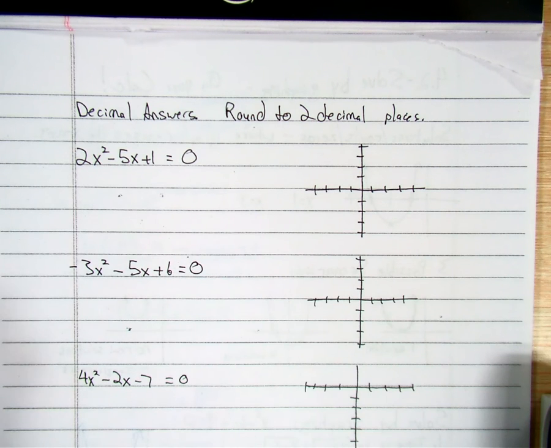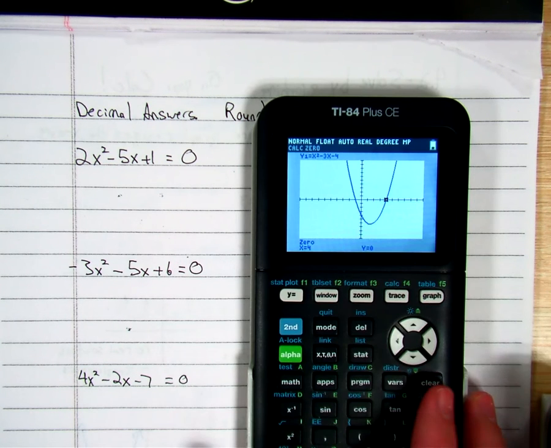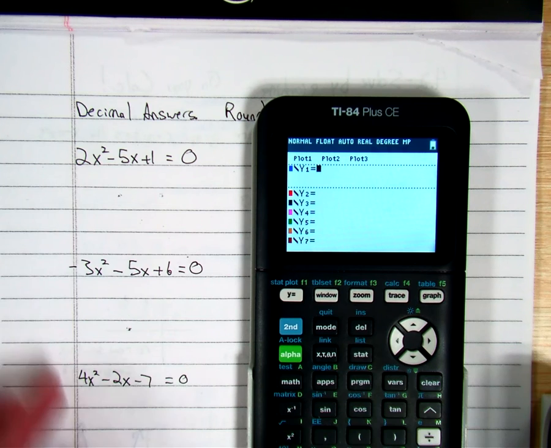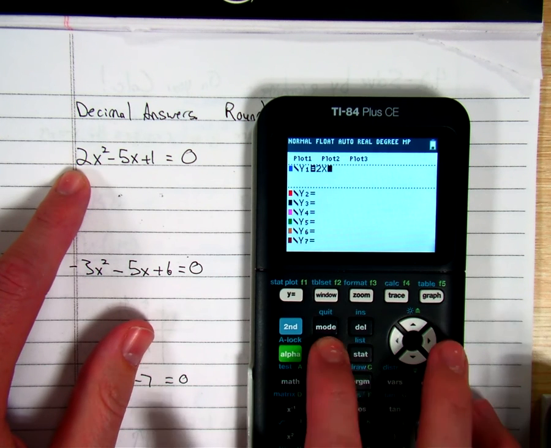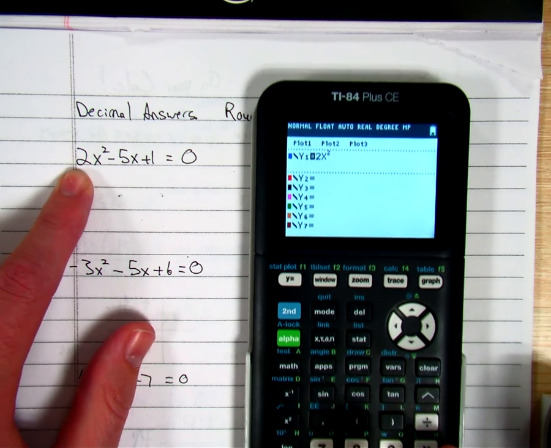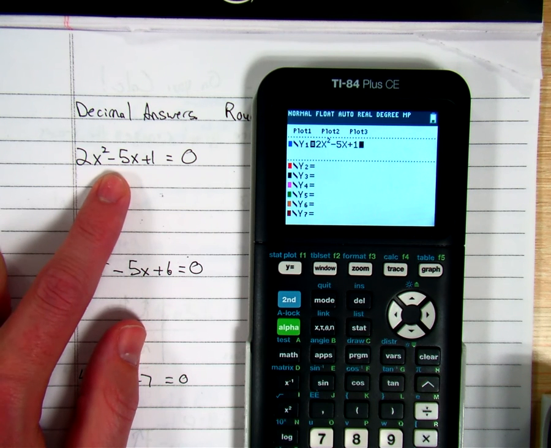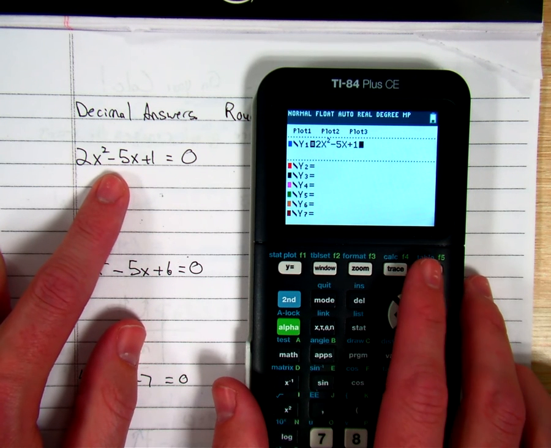So, back into y equals. Clear that out. We're going to have 2x squared minus 5x plus 1. Okay. I'm going to graph.